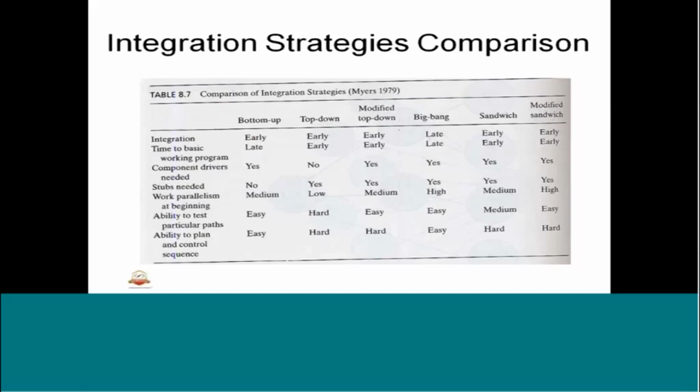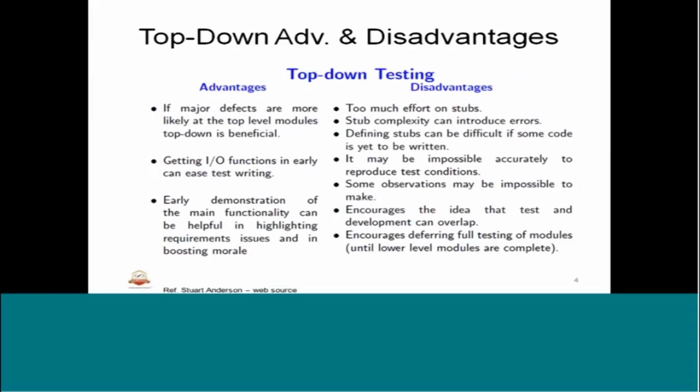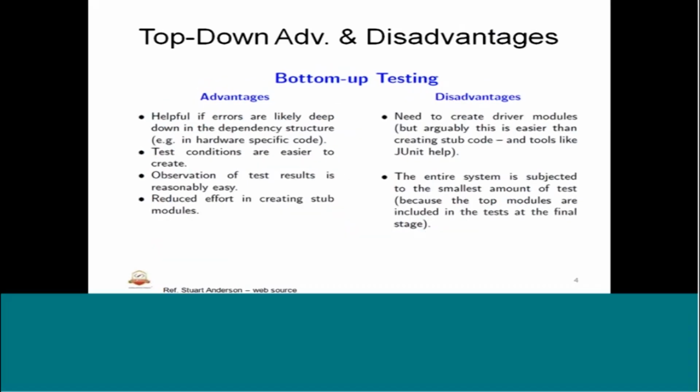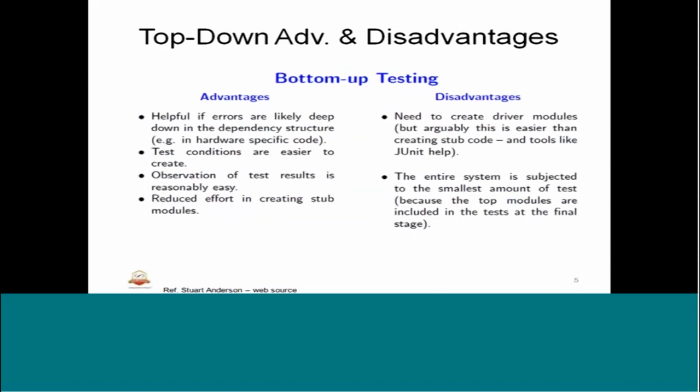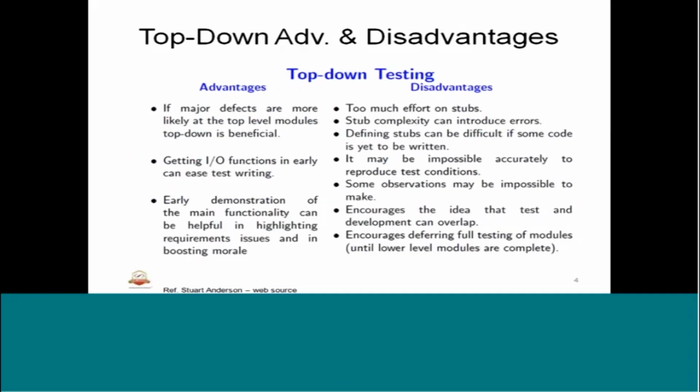So top down has advantages in terms of if major defects are more likely at the top level models, then this is better. Whereas in bottom up, at the lowest level possible, if device drivers or hardware dependent things are having issues, better to do the bottom up testing.